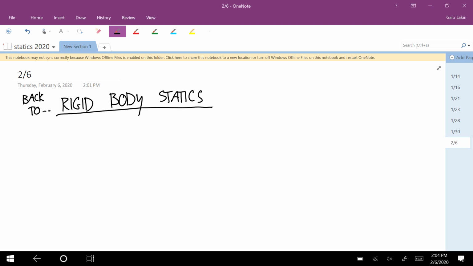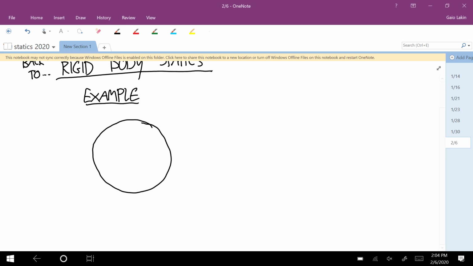So I'm going to start out with this. So let's say we have this body, a disk, and let's say that there's an unknown force over here, an unknown force vector.